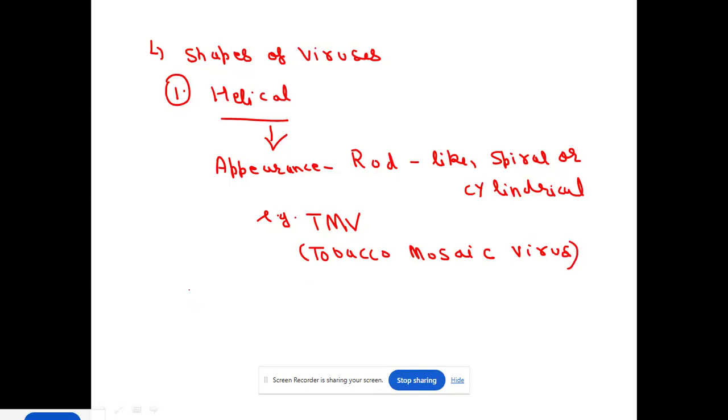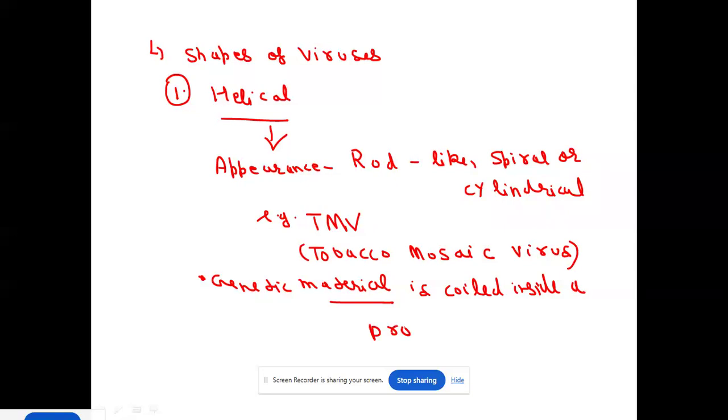So on the basis of appearance, helical shape can be rod like, spiral, or cylindrical. And in this case, the genetic material is coiled inside a protein cylinder.